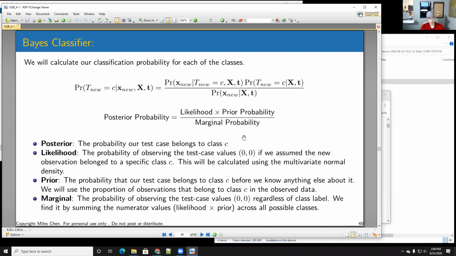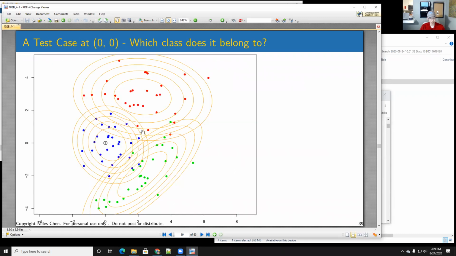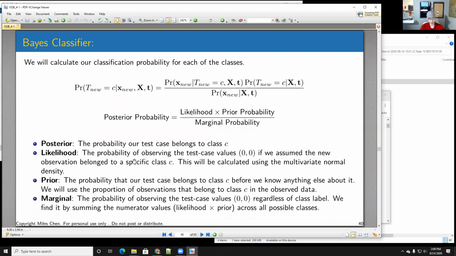That's our likelihood, if we assume it belongs to class C. So what's the probability that the red distribution will generate this case 0, 0? What's the likelihood that the blue distribution will generate this test case 0, 0? What's the likelihood that the green distribution will generate this test case 0, 0, right? Okay, so that will be our likelihood.